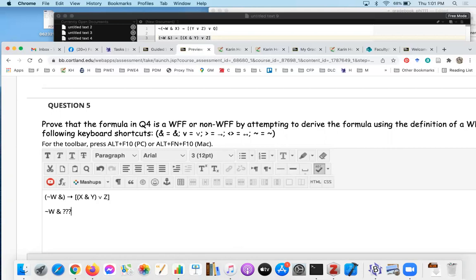We can't just stick an ampersand after a formula without another formula following it. There is no clause in the definition of the well-formed formula that would let us write something like this, not W ampersand. So that's where we're going to run into problems. And hopefully you can see that like right away.